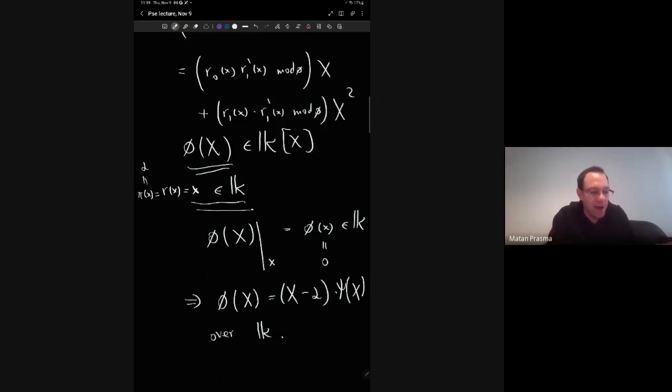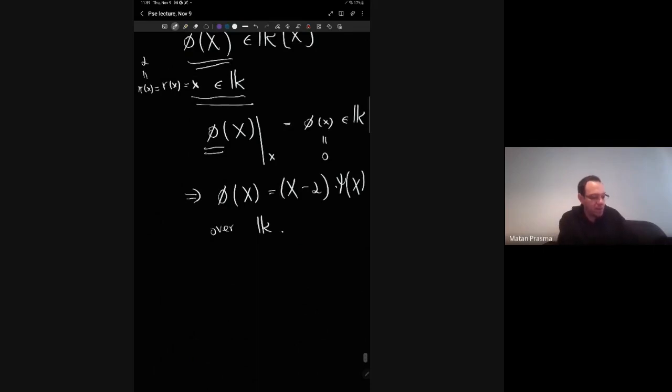Once I can find a root for a prime polynomial, I can repeat this argument. Namely, I take K1 to be F[x] modulo phi. Then I know that phi has a root in K1.